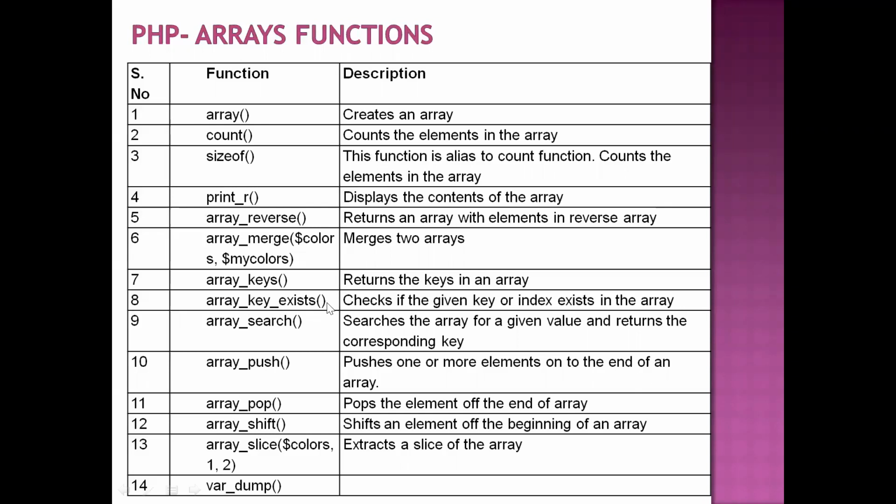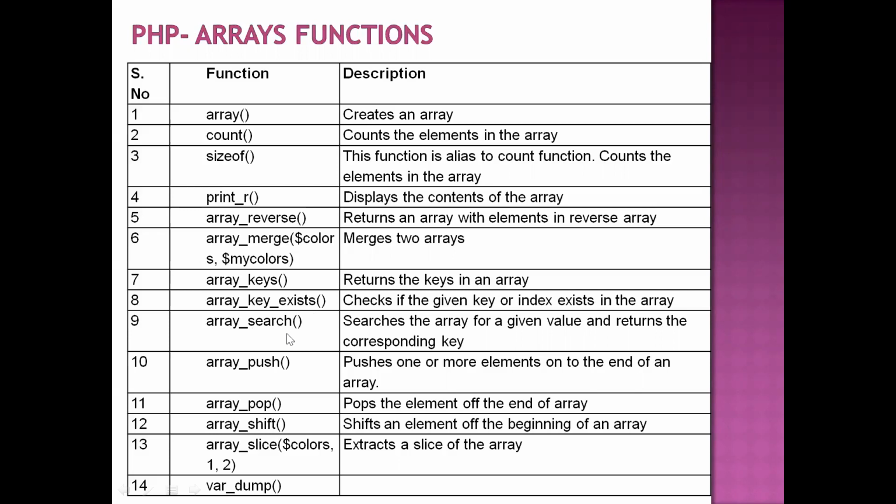This function is used for checking whether the specified key in the associative array is present or not. In the associative array, the indexes or the keys will be stored in the form of strings. So for checking whether the specified string index is present in the array or not, we use the array_key_exists function.